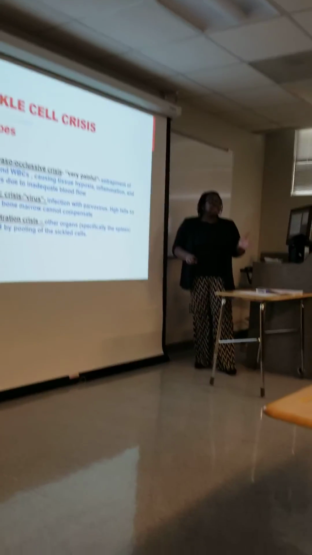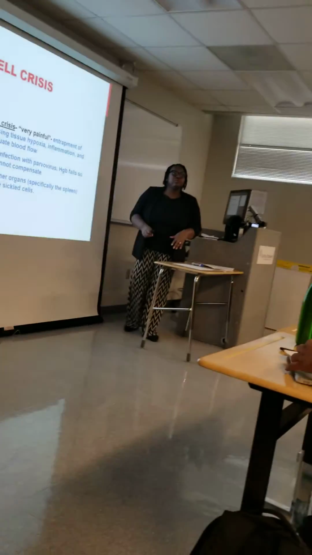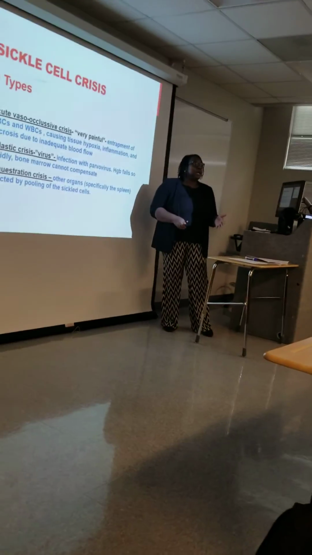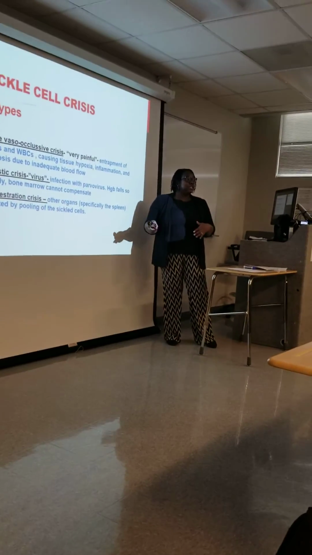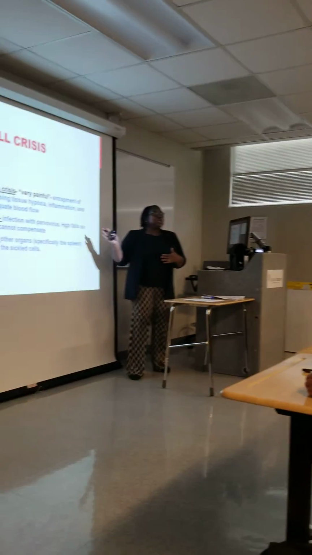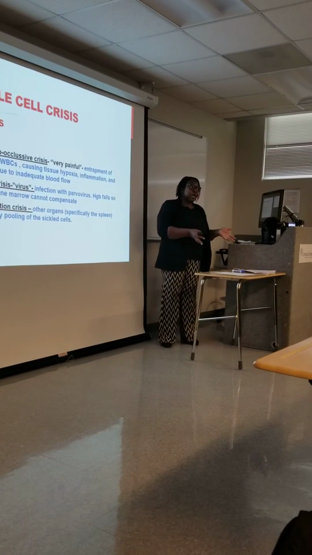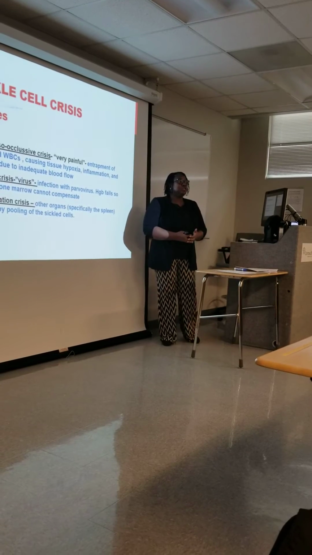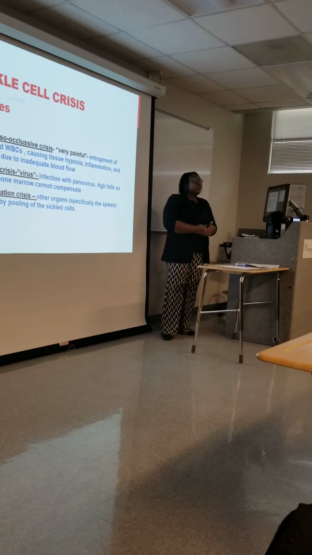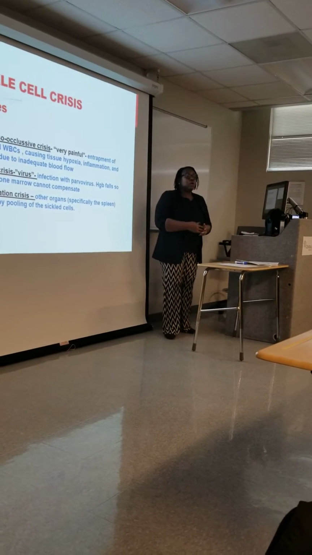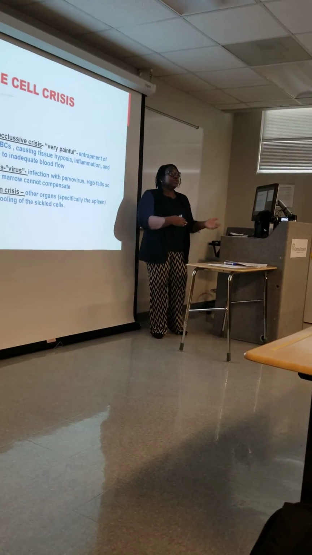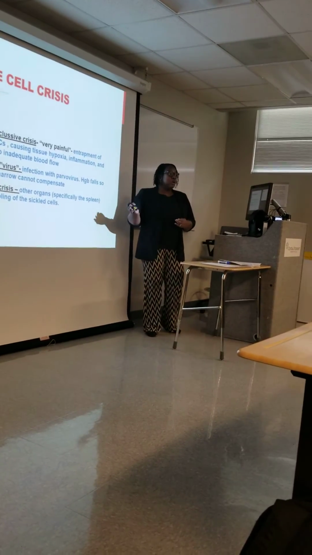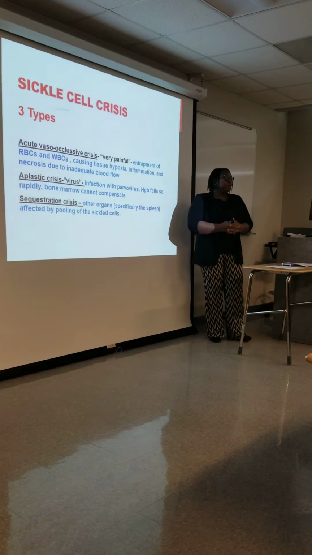If someone has the sickle cell trait, they are less likely to have complications from a sickle cell crisis, but it is possible, especially in situations of dehydration or extreme temperatures. Someone with the trait can also go into crisis when you come to those things.